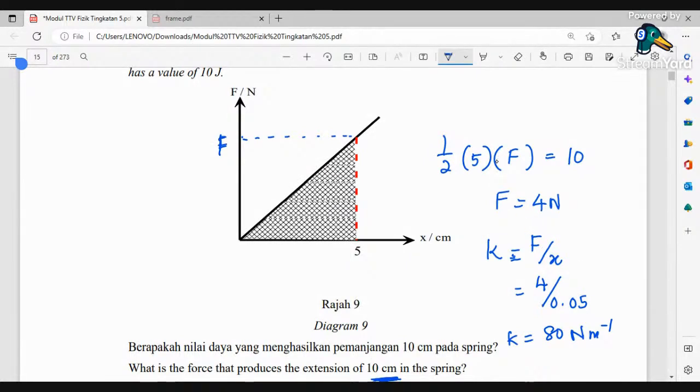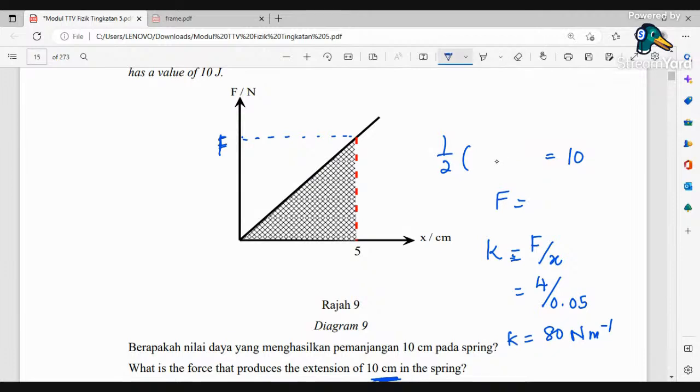Where is the mistake? Sorry. Sini ya. Okay, my mistake. That's why I cannot get the answer.